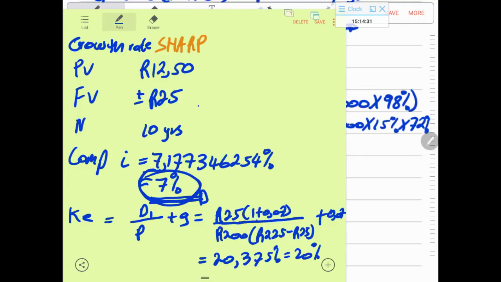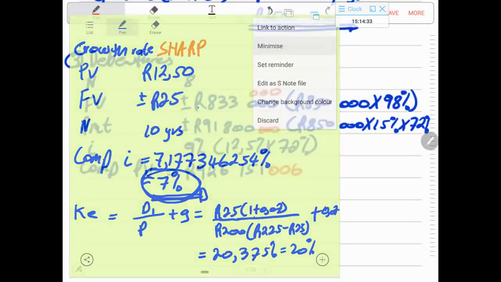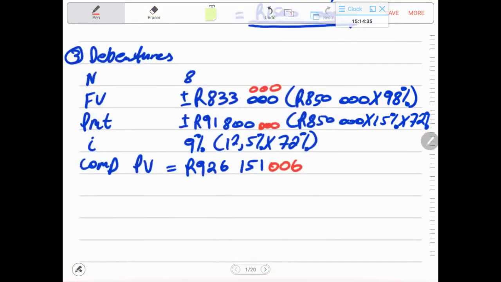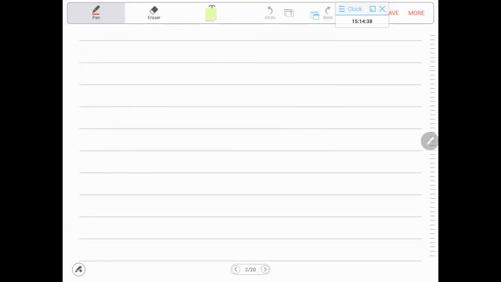So now we have reminded each other of everything that was outstanding, and from here we can immediately do our weighted average cost of capital. Then we start with the capital structure.